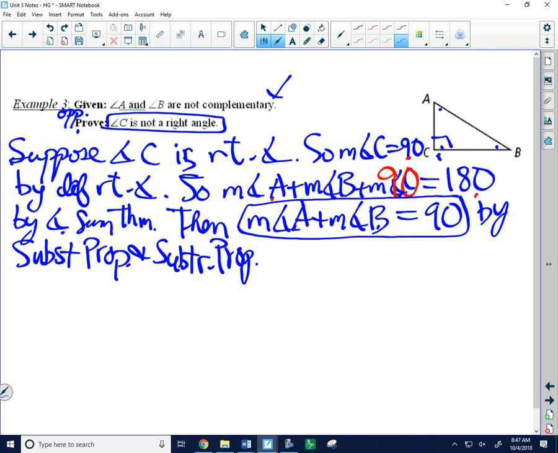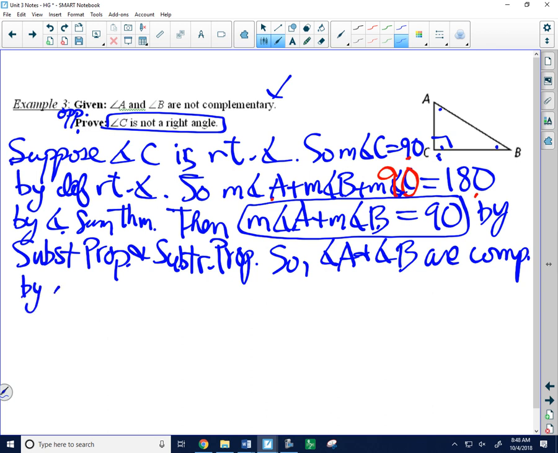So then I'm just going to say, sorry, I should have left more room on this one instead of example 2. But so I say angle A and B are complementary, by definition of complementary angles.